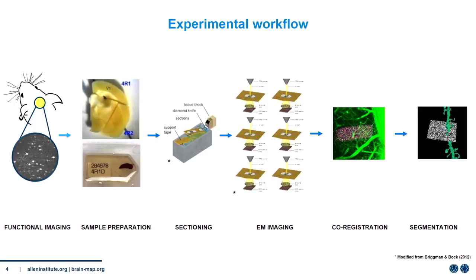This little chunk of black tissue that you see here represents the region of interest, the piece of the brain and the cortex that we are interested in. The block is then handed over to the sectioning team, and using a very sharp diamond knife, cut into serial thin sections.